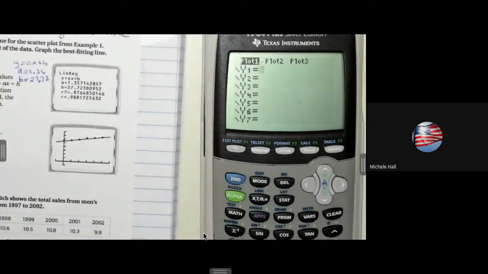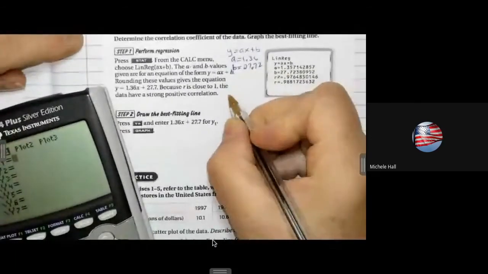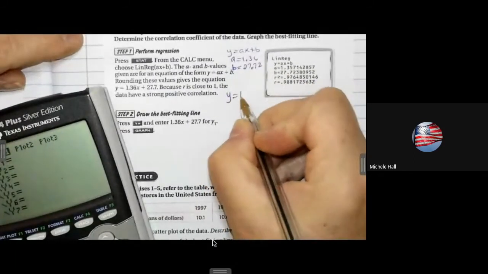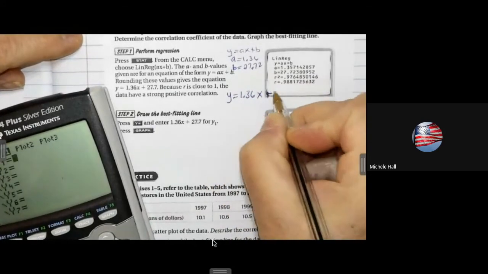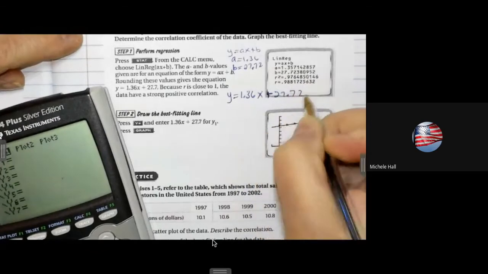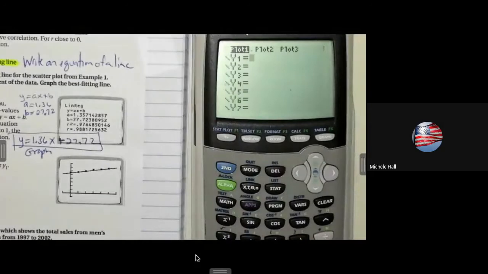I can graph as many equations in there as I want, but I want to graph y equals ax plus b. So before we finish, let's make our equation. Y equals 1.36x plus 27.72. Graph.